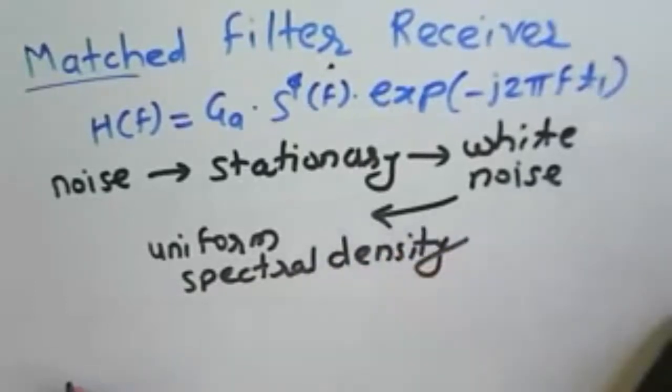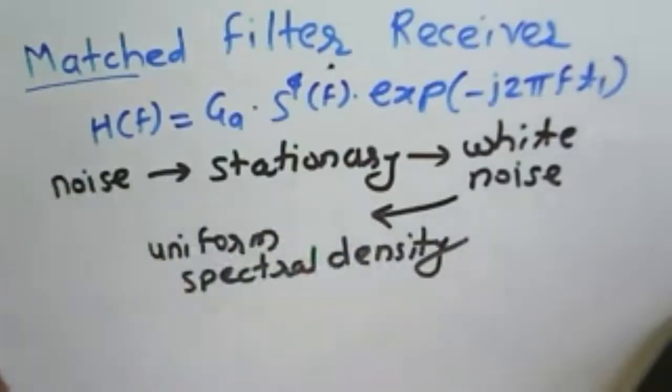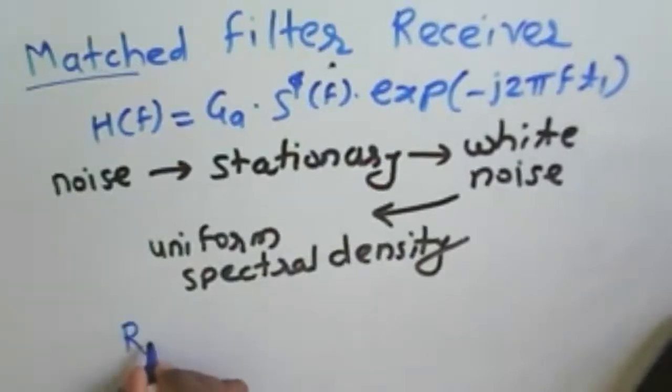Then we can consider the signal to noise ratio that is to be maximized. So in that case, we need to find out what will be the maximum value of the output signal voltage.